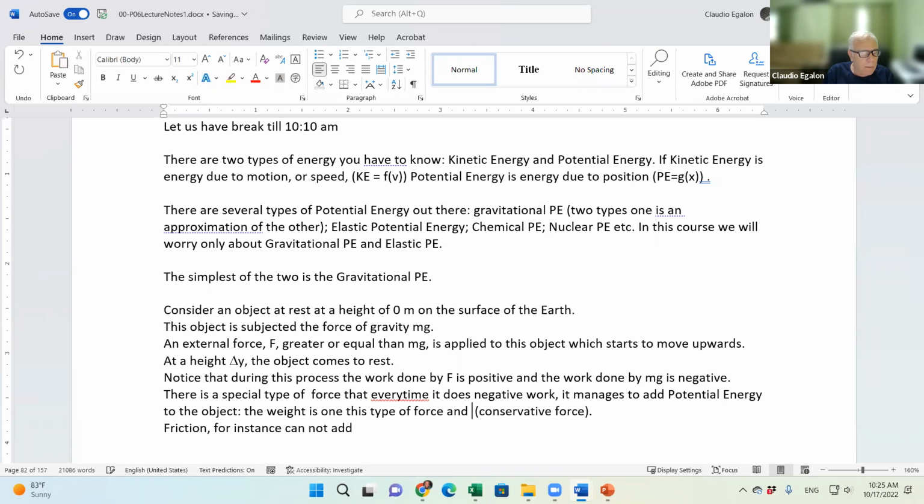And this type of force is referred to as a conservative force. Friction, for instance, cannot add energy to an object. Instead, it subtracts energy from the object.